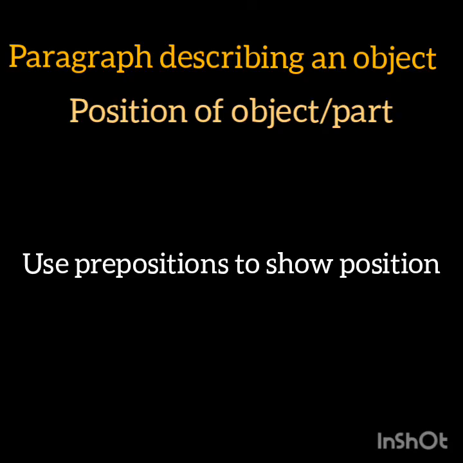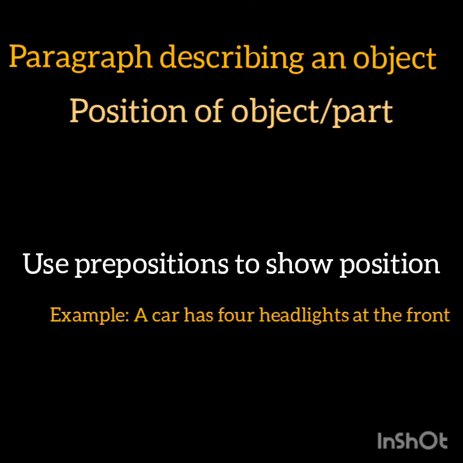So prepositions such as inside, outside, at the top, on the left or right, in the middle, to the right or left, at the bottom, above, over, between, below, beside, at the end of, behind, in front of, near, etc. So for example, a car has 4 headlights at the front. That shows you the specific positions of each one of those parts as they appear on a car.